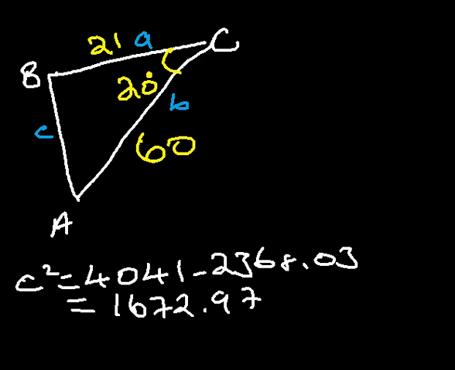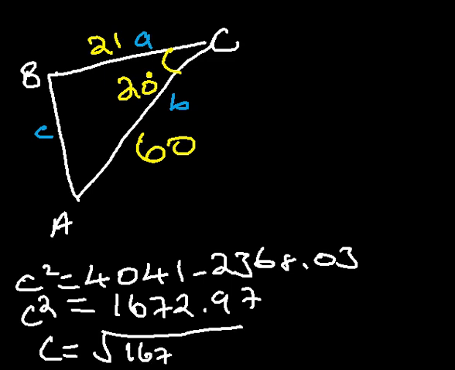Now we have that as c square. Now we'll have to introduce the square root on both sides. That will be given as c is equal to the square root of 1672.97. And what is that?